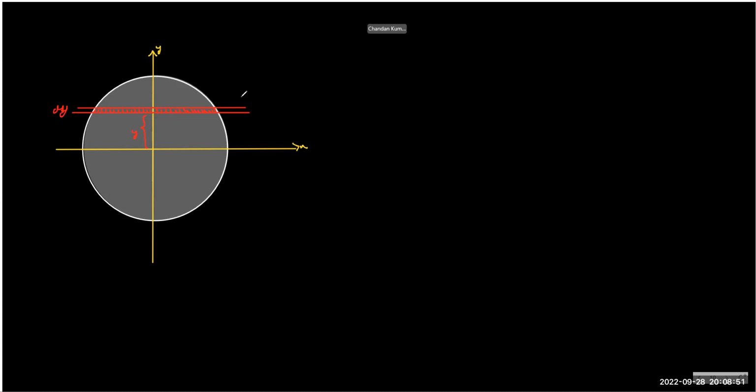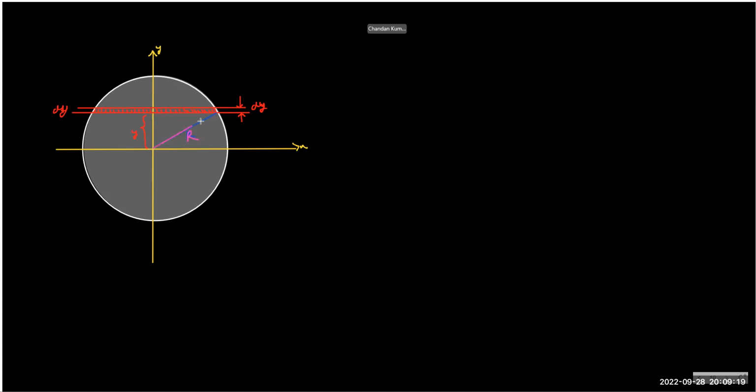So what will be the width of this rectangle? Tell me guys. The width of this rectangle is how much? dy. Now can you tell me what is the length of the rectangle, given the radius r? So what is the length of this rectangle?